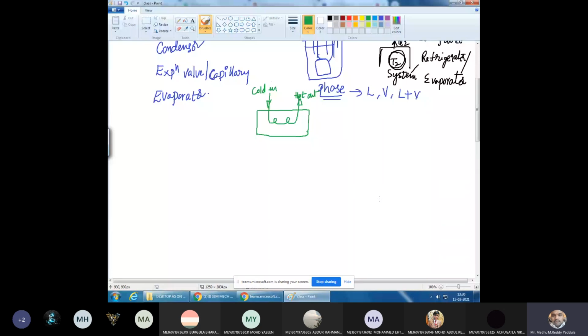Here I have an expansion valve, or I can also call it a throttle valve. Then here I have my refrigerator, which I can call the evaporator. Our freezer is nothing but the evaporator. Then here I have the compressor.